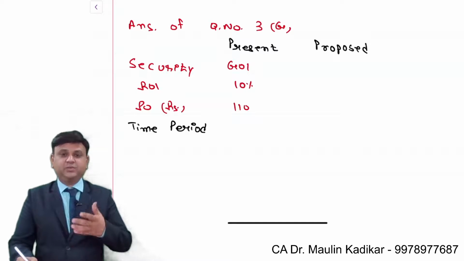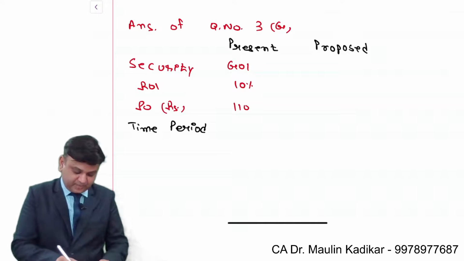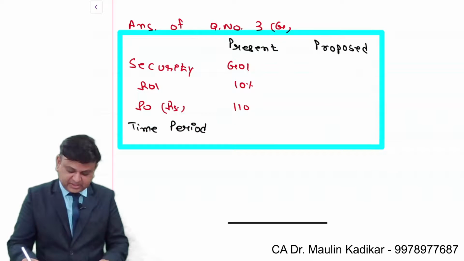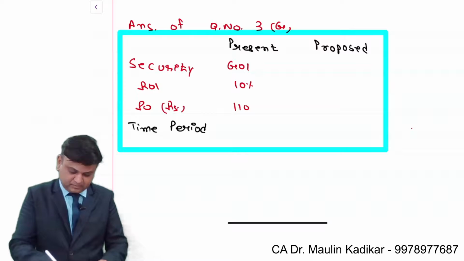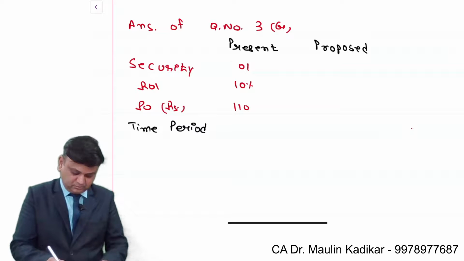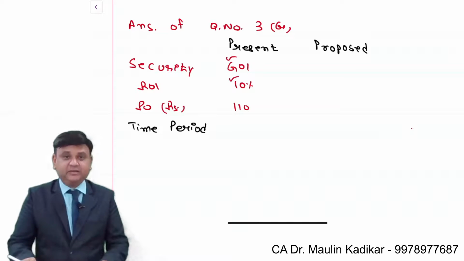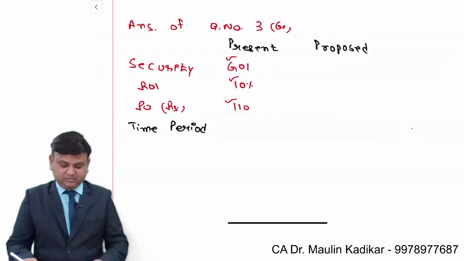So the question is providing the information that what is the current situation. The current situation is given to us like this, that it is Government of India security, rate of interest is 10%, current market price is 110.